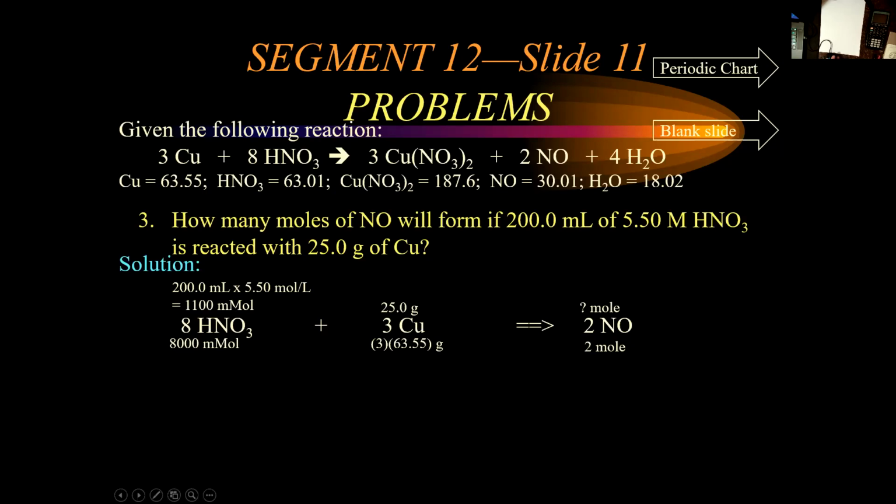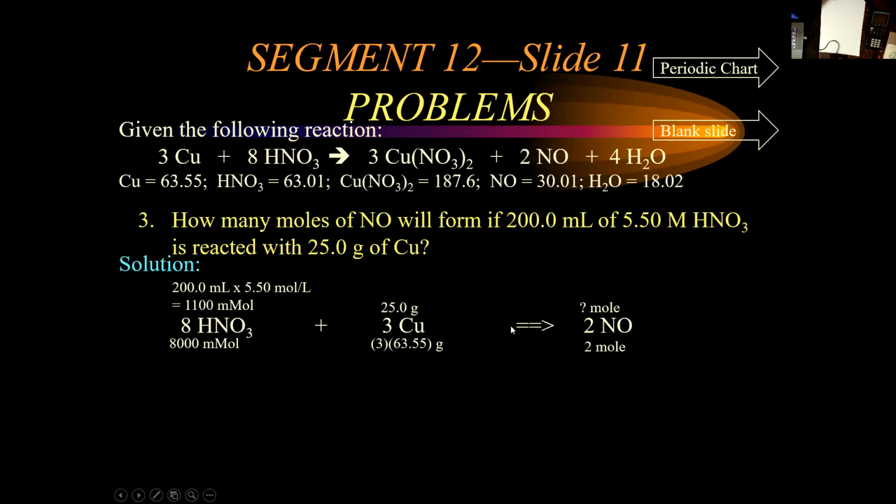And once I put a number in a unit here, I want this number in that unit here. And the number of grams, that's the unit. I want the number of grams of copper in the balanced equation. It's 3 times that. And if this is moles, that's a 2 mole.